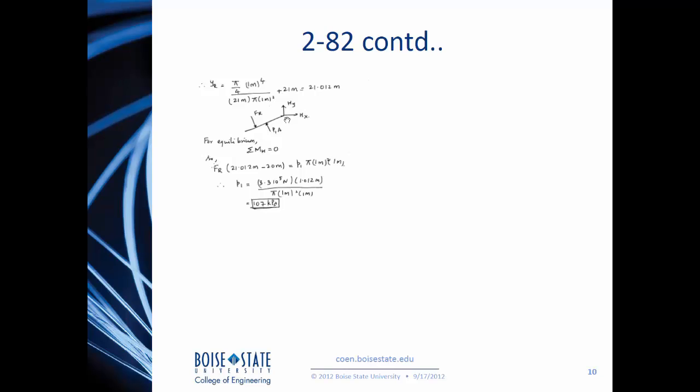If I take the hinge as Hx and Hy as the two resultant forces there, and then for the equilibrium condition I take the moments about H, I get Fr times the moment arm from that location H equals P1 times the area times the moment arm, which in this case is 1 meter. So I can get P1 as 107 kilopascals.